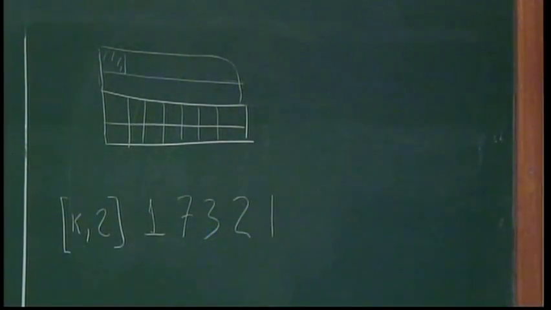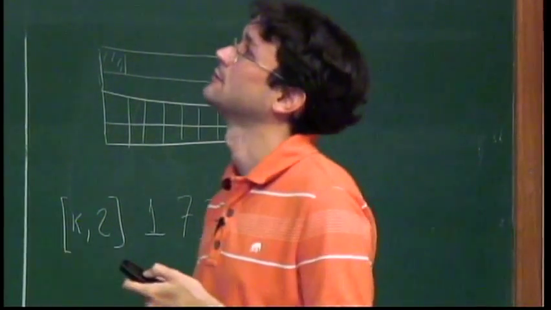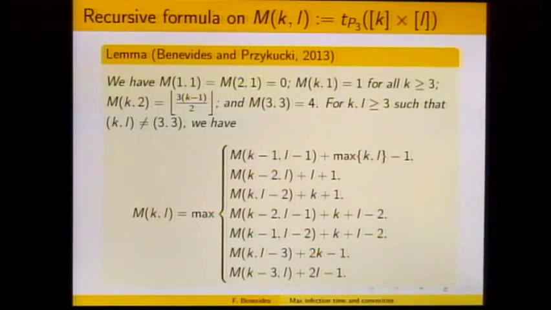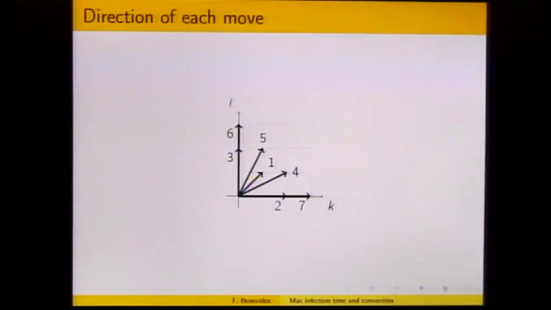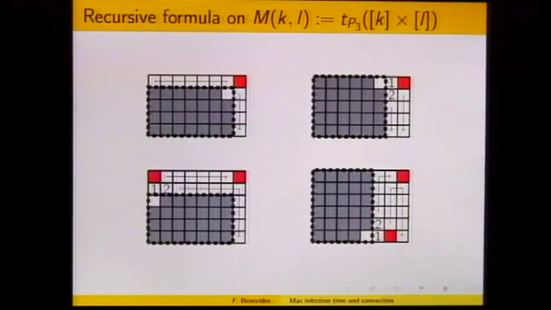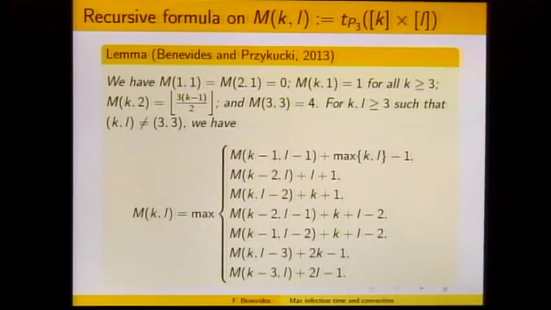There are some obvious things. For example, we immediately see that these moves 1, 2, and 3, in which I increase the perimeter only by 2, are kind of bad.